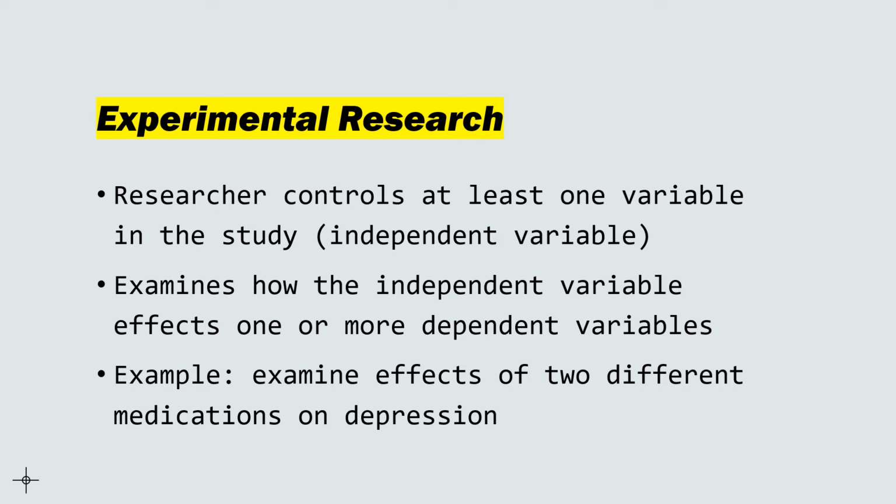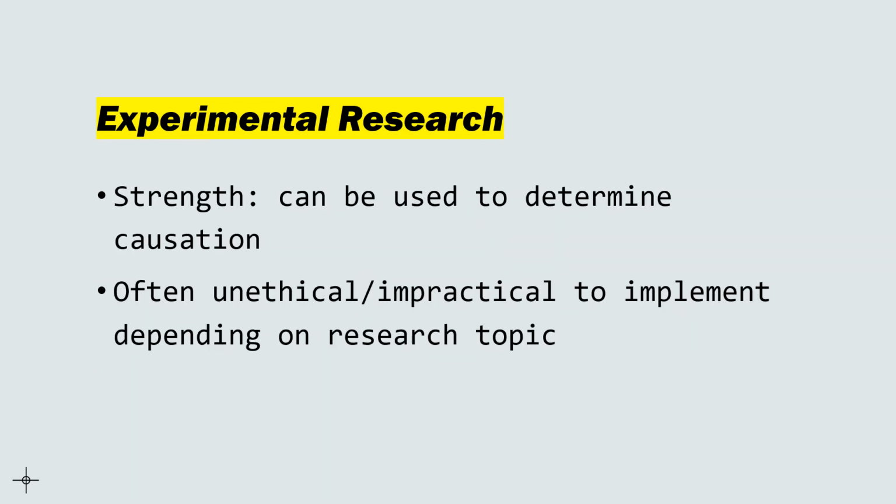So does everybody understand the difference between a correlation and an experiment? Okay. The main strength of experimental research is that it can be used to determine causation. Yes? Okay, go ahead.